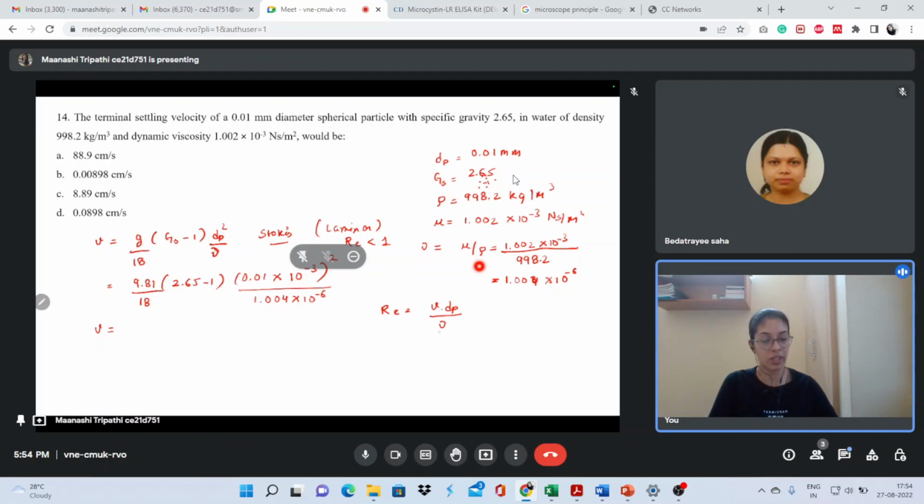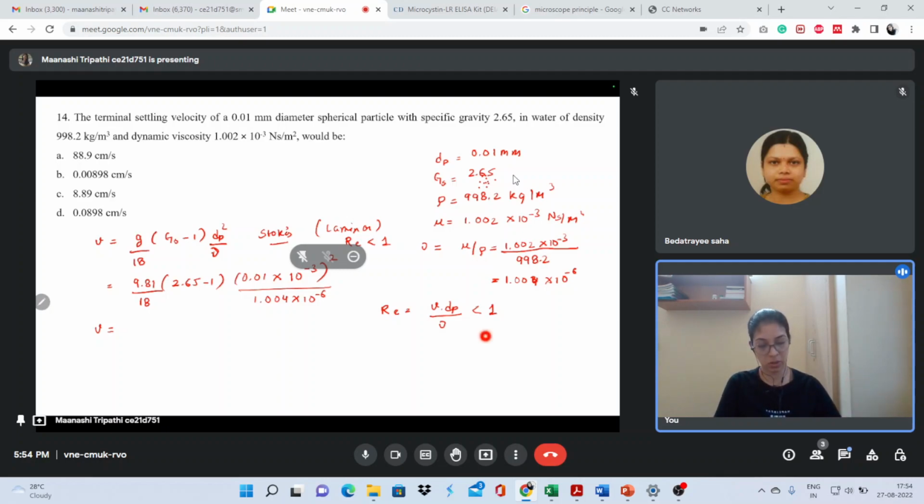Look at this difference, kinematic viscosity and dynamic viscosity. So this should be less than 1, then only this equation is valid. So first of all, we will find out the velocity, then we will check if it is coming less than 1. If it's less than 1, then only we can say this velocity is correct. If it's not coming less than 1, we will use a different equation for velocity.